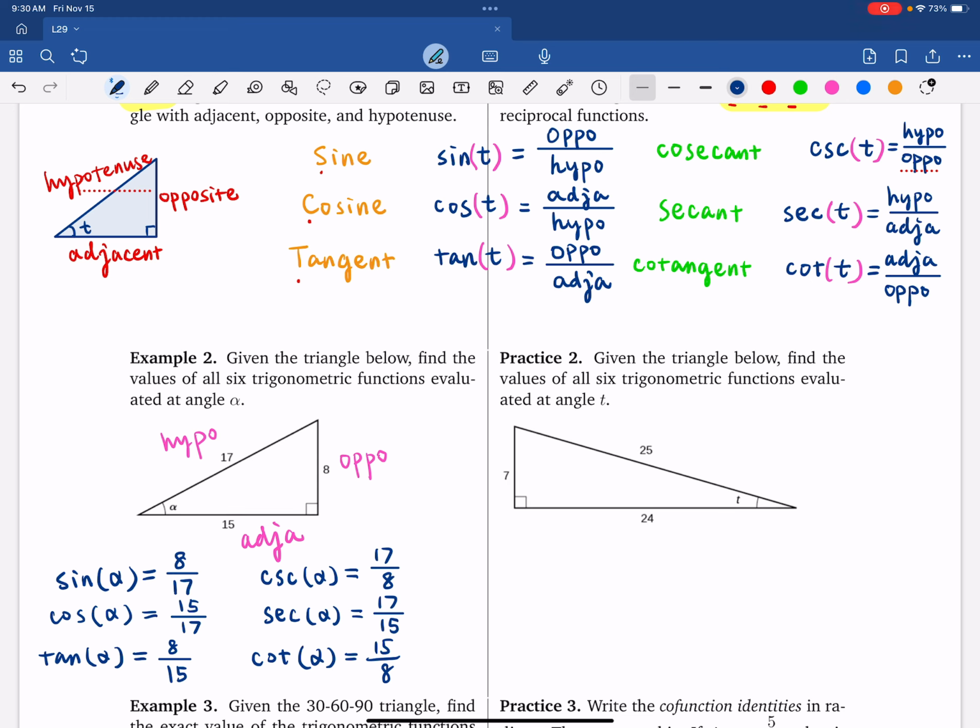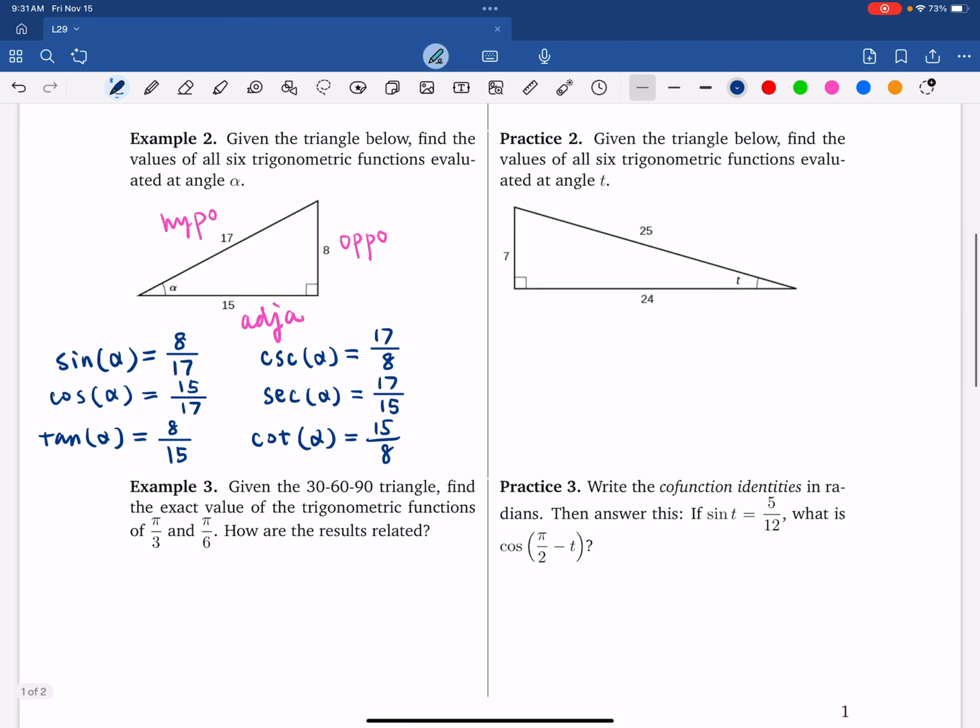Okay, I'd like you to use practice 2 as a practice. So pause the video, find all 6 trigonometric function values at angle T. Okay, hopefully you finished. So let's check your answers. I'm going to write down all of the answers.